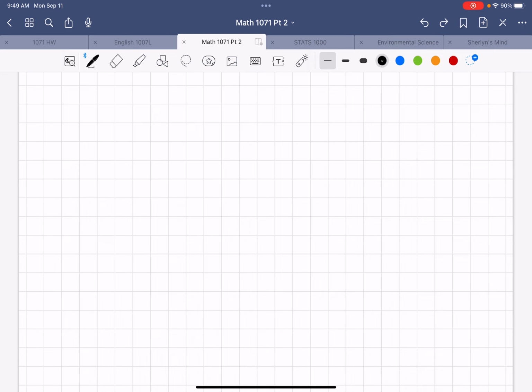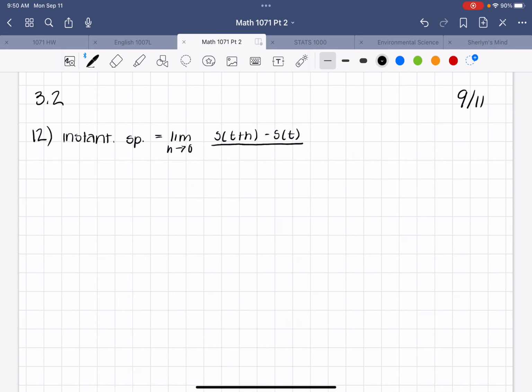So, 3.2, problem 12. You know that the instantaneous speed at time t is the limit as h goes to 0 of s of t plus h minus s of t, all over h. And here problem 12 says find the instantaneous speed at t equals 4.